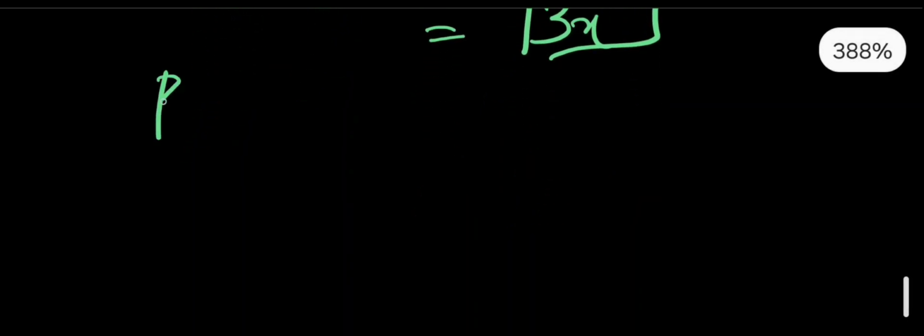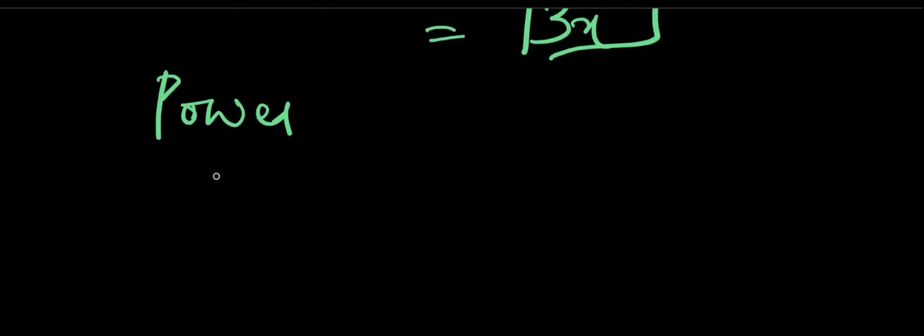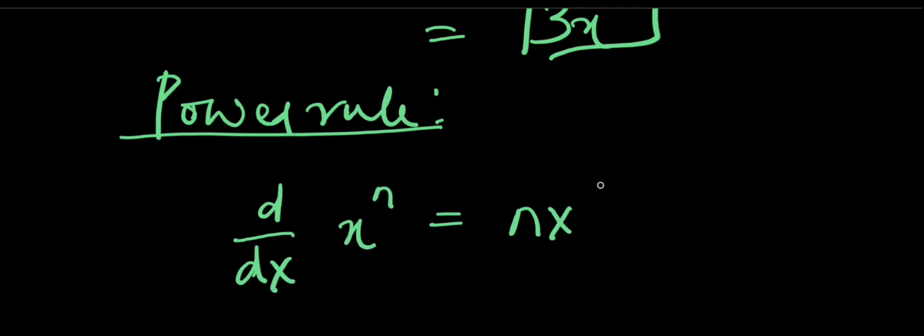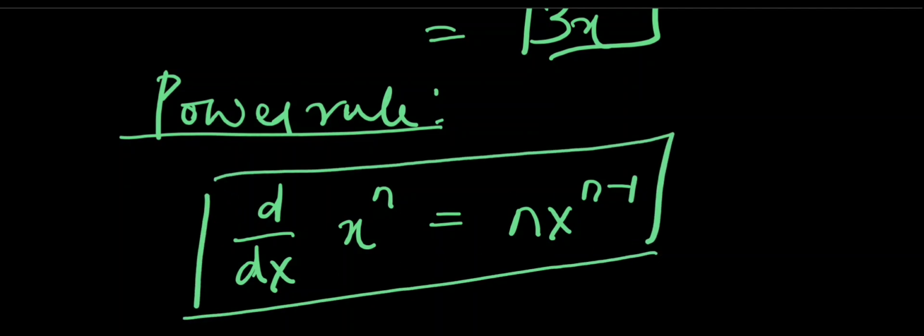Remember the power rule, which is the most commonly used rule of derivatives: the derivative of x raised to n is equal to nx raised to n minus 1. Copy this down in your notes.